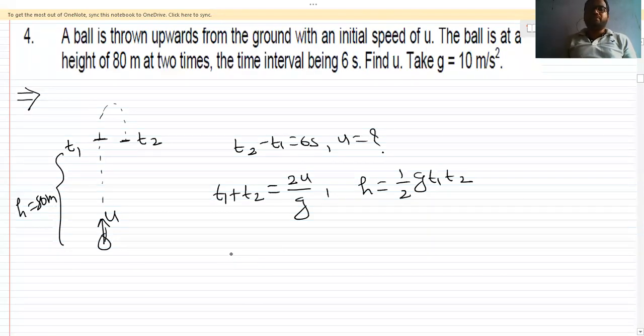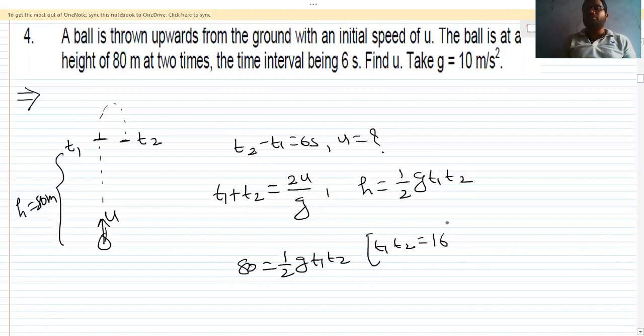So it is like we have the t1 plus t2, right? H is equal to we have 80, which is equal to 1 by 2 g t1 t2. So t1 into t2, which is equal to, we can write 160 divided by 10, that is 16, right? T1 into t2 is 16, t2 minus t1 is 6.